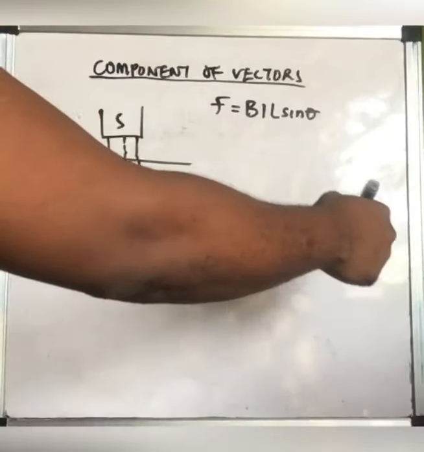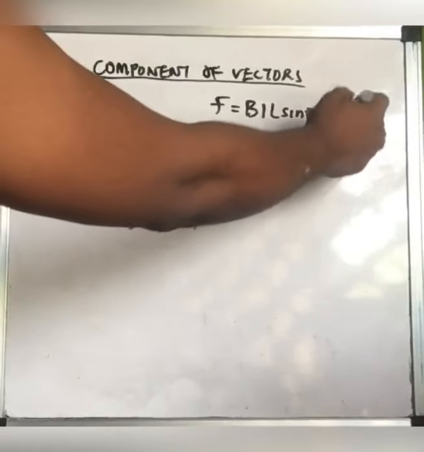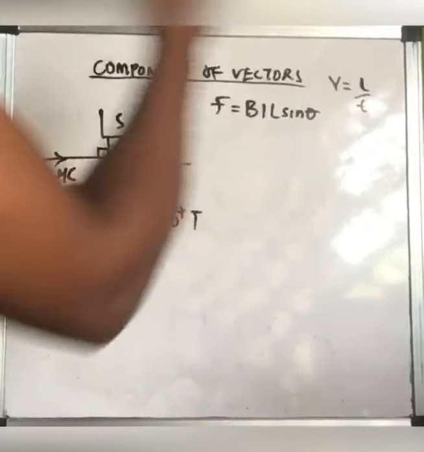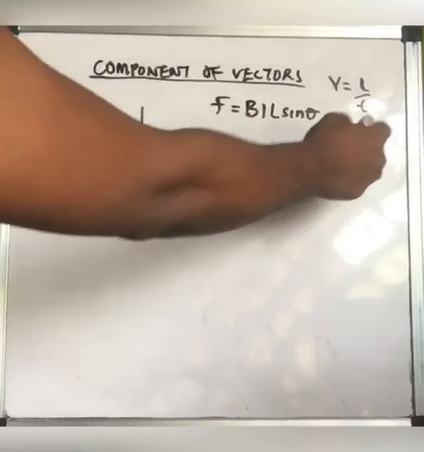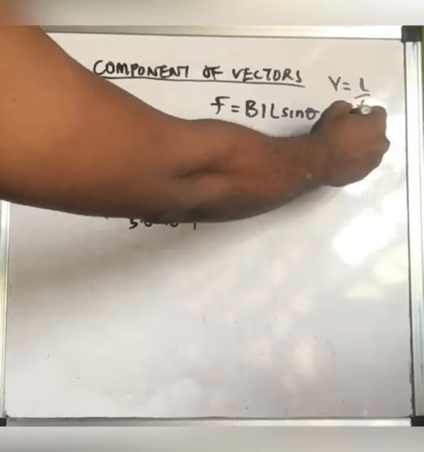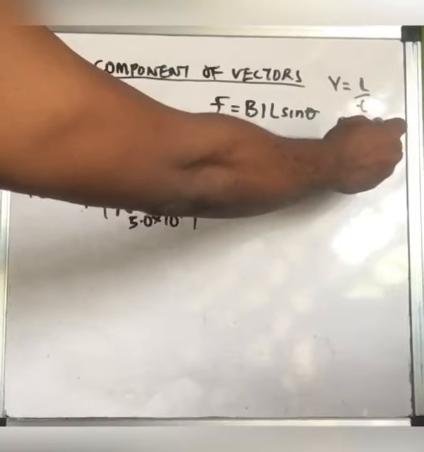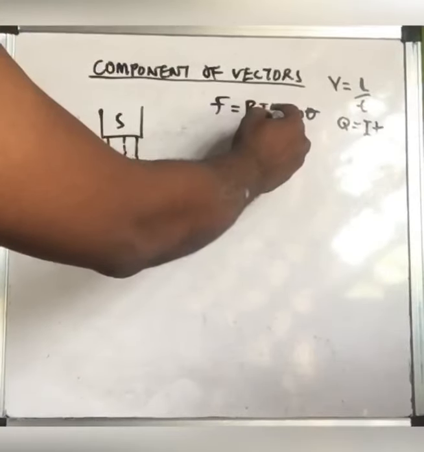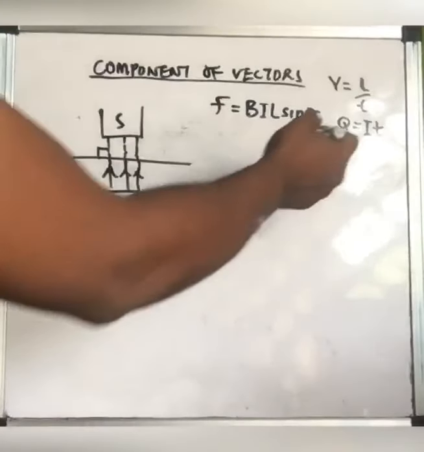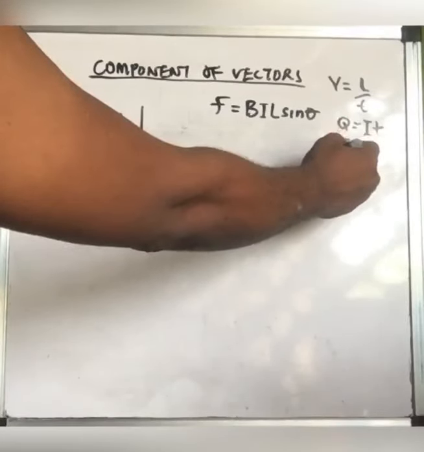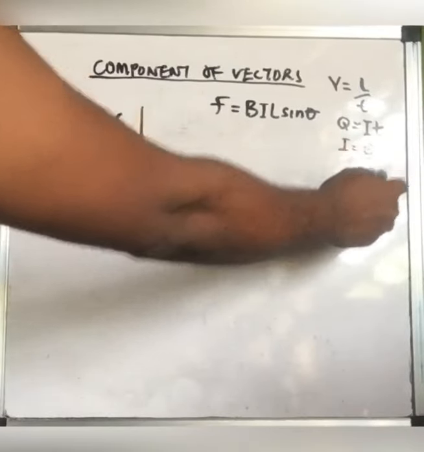So we'll do some derivations. We know that the velocity is equal to the length over the time. We also know that the quantity of charge is equal to the current times time. So current is going to be equal to the quantity of charge over time.